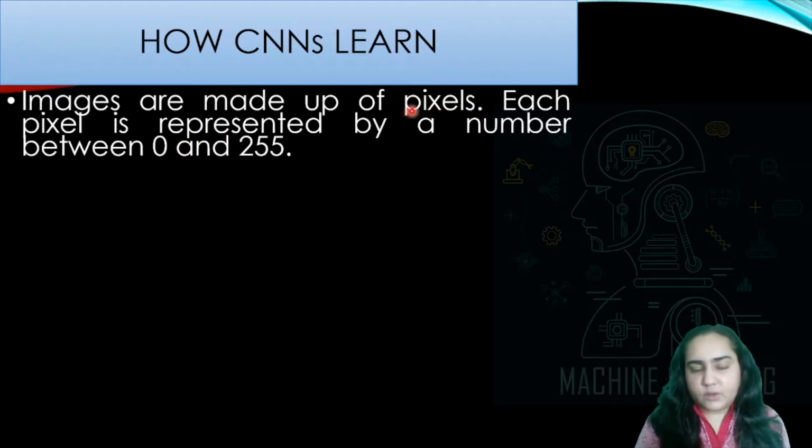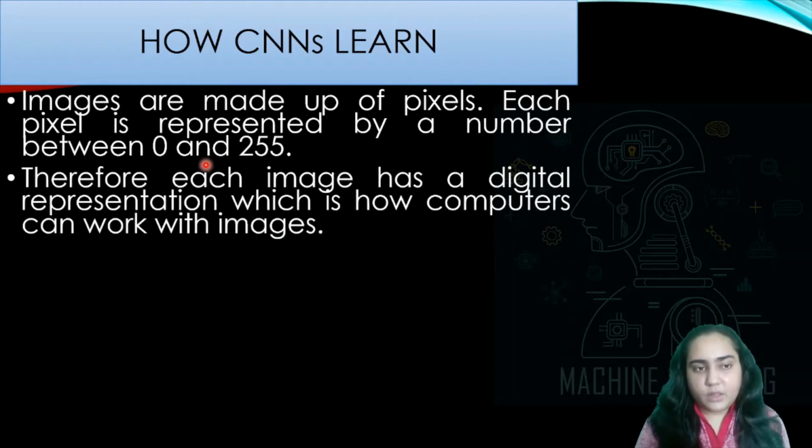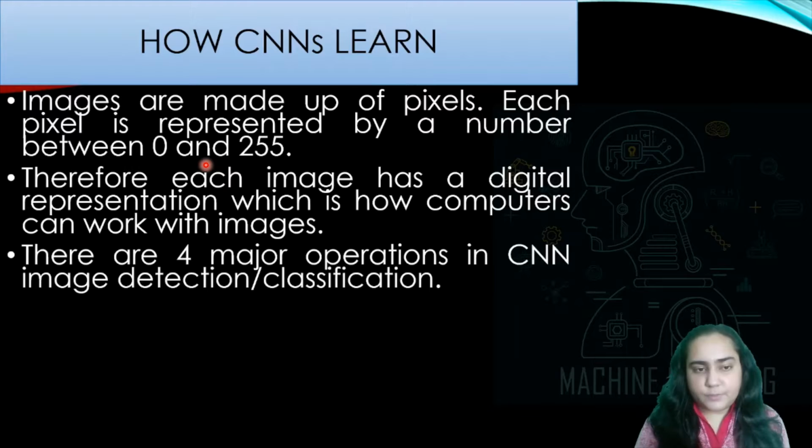That many pixels are required to represent the image, and for every pixel, there is a value from 0 to 255. Therefore, each image has a digital representation, and that's how computers can work with images, because computers cannot just process images just like that. They have to be converted into a digital representation.